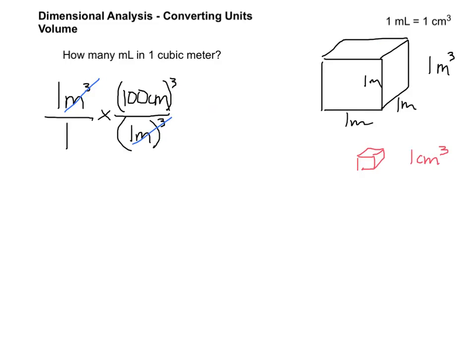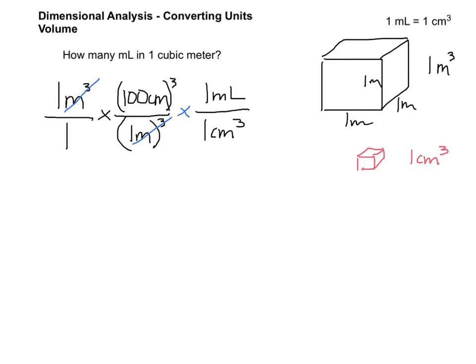Now in our final step, we want to cancel units of centimeters cubed. So we'll include here that 1 centimeter cubed is equal to 1 milliliter. And that was given here by our conversion factor.